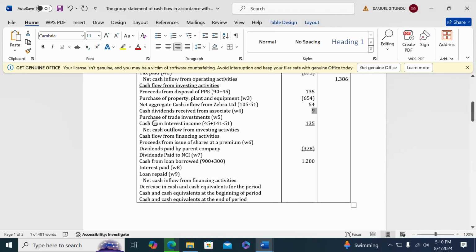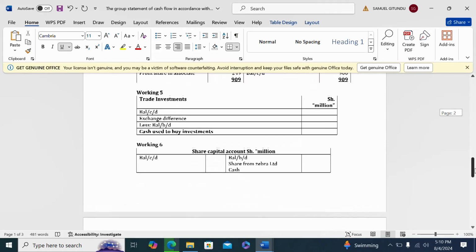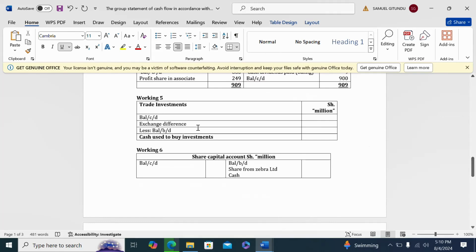Then we go to working 5, which is the purchase of trade investment. What is the balance carried down of the trade investment?